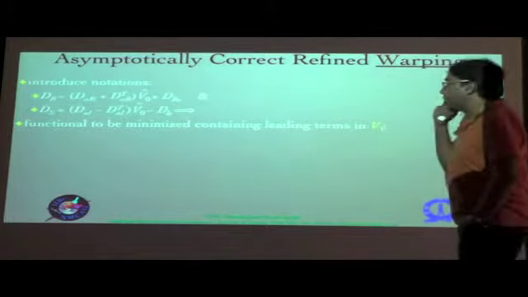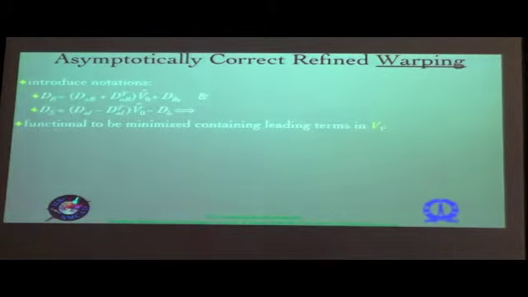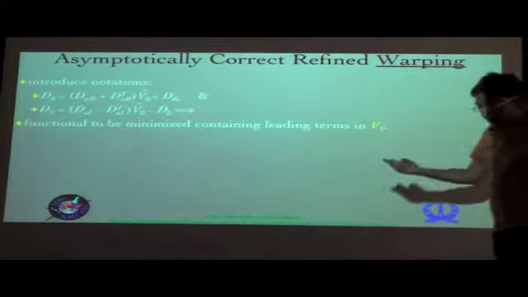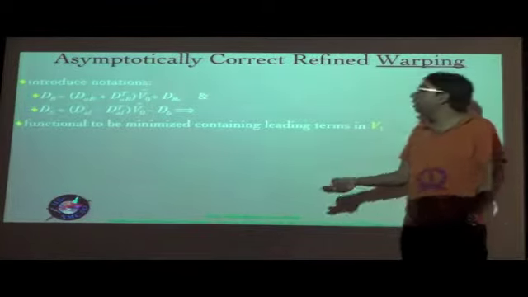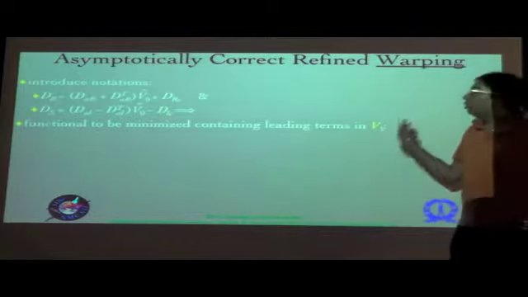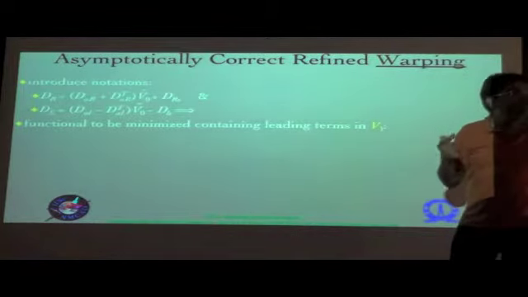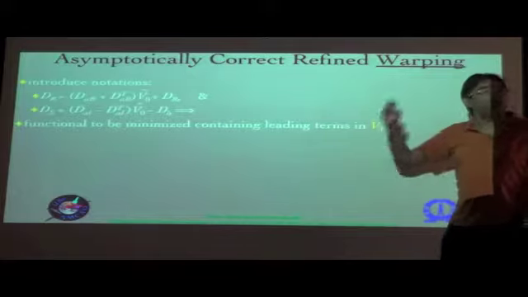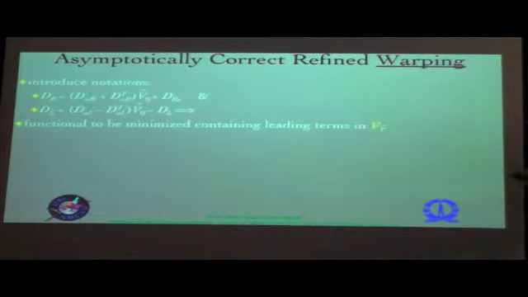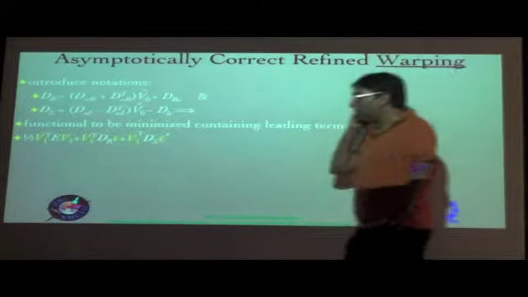Now the functional to be minimized contains the leading terms in V1, because that is the unknown now. V0 has already been determined at the 0th order approximation. The new unknown is V1. So we need to retain only terms which involve V1 and which are leading order terms in V1. That will lead you to an approximate functional, from which an approximate solution to V1 can be determined.